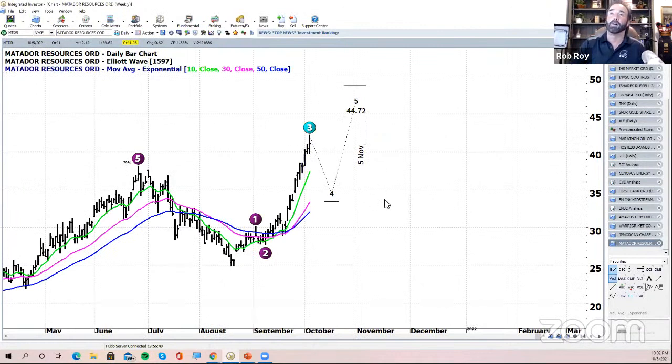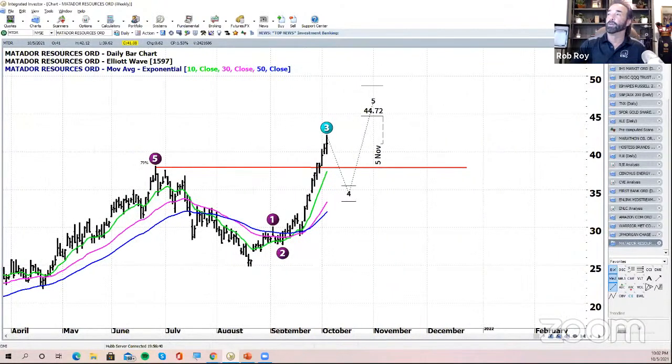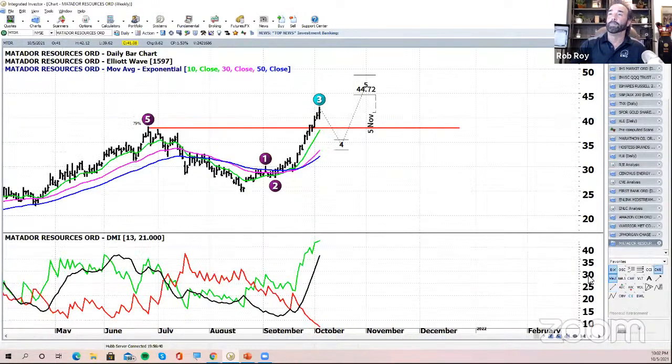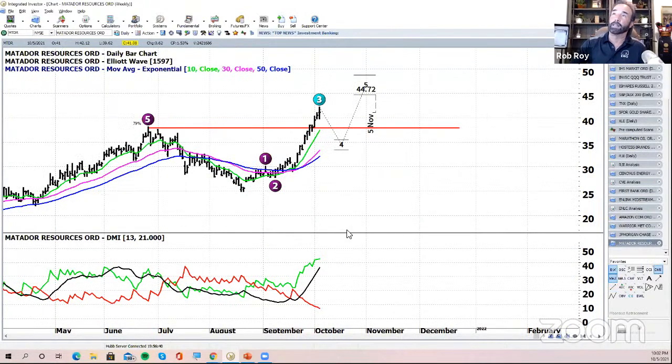Something's going to happen tomorrow. This is another one where you'd have an ideal scenario. If that came back down, tested that wave 5 high and consolidated with the 10-day moving average, that's a full-on go, likely to move back to the upside. Let's see what the DMI is showing. It's getting overextended, not quite there yet. So I think that wave 5 target gets hit.